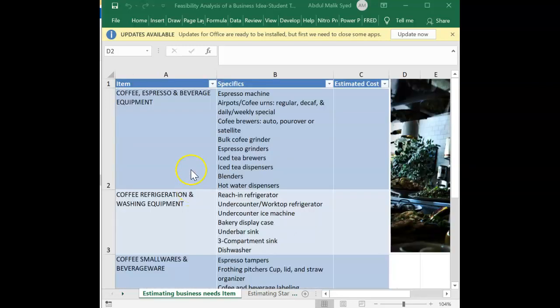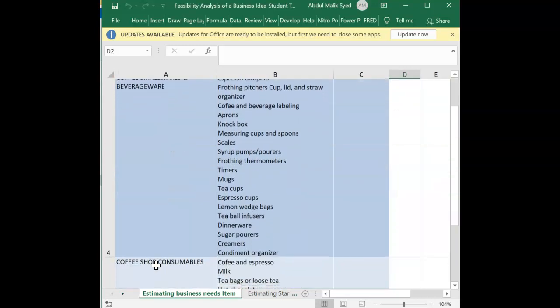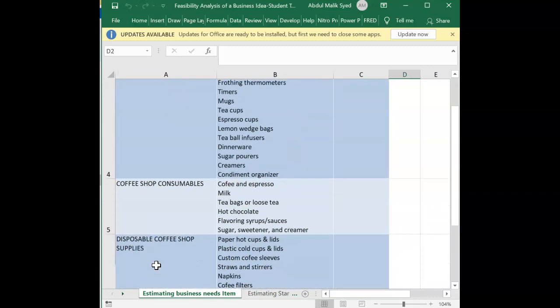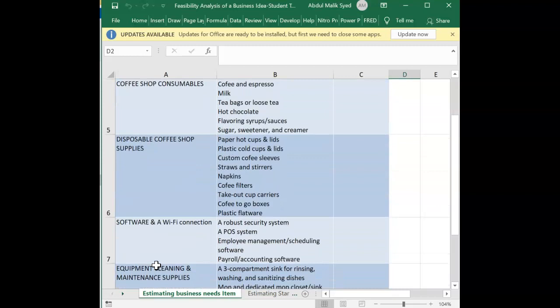Depending on this, I've categorized items as coffee, espresso, and beverage equipment, and these are different things which we require. Okay, specifics. Then coffee refrigeration and washing equipment. Then you have coffee small wares and beverage wares. So all this you will get depending on what kind of business you want to start. You get these details.